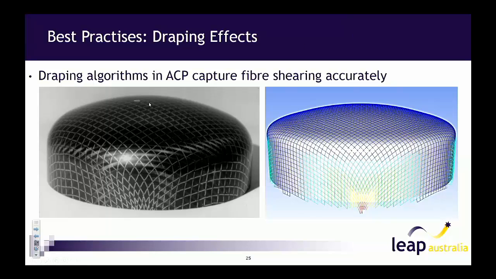We see up here that these lines were orthogonal, but by the time we've bent it around a double curved surface, the misalignment in the fibres is a lot, and we've lost a lot of our material strength and rigidity down here. So if we were expecting this to behave like normal material, that could be a very unsafe design. You can see this is straight out of ACP. You can see that it's capturing quite well that fibre distortion.